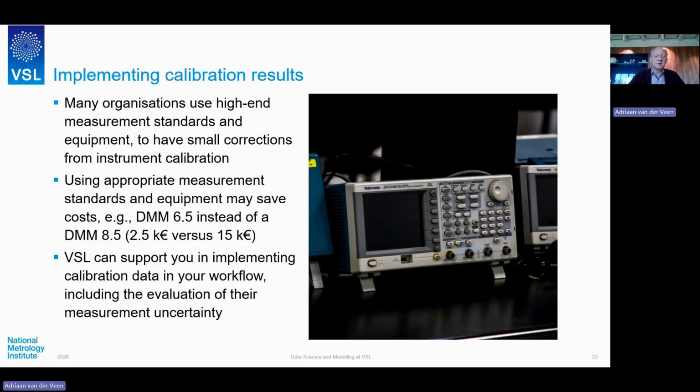For example, for a digital multimeter with 6.5 digits versus 8.5 digits, that is a difference between 2.5 and 15 kilo euros. And we can, of course, help you in making sure that your workflow appreciates the calibration data so that you can buy simpler equipment, as far as your applications permit.